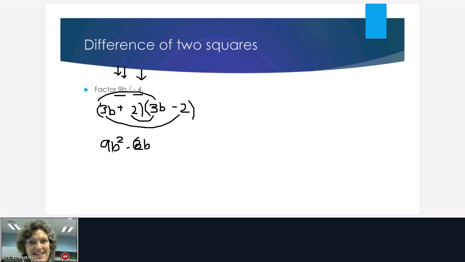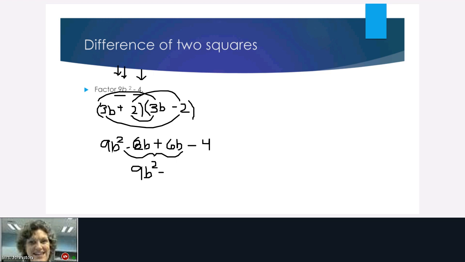Okay, my inside terms, 2 times 3b become positive 6b. And finally, my last terms, 2 times negative 2 become negative 4. The 2 middle terms cancel each other out. I've got a negative 6b plus positive 6b, so they become 0. So my only remaining terms are the 9b squared and the minus 4.